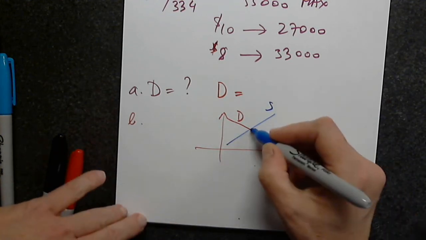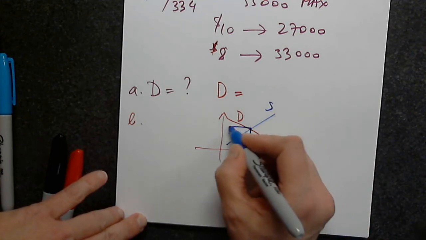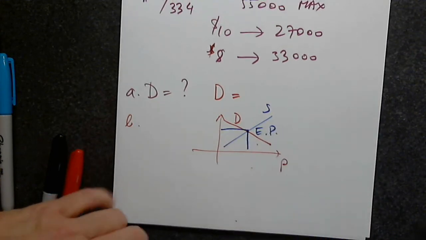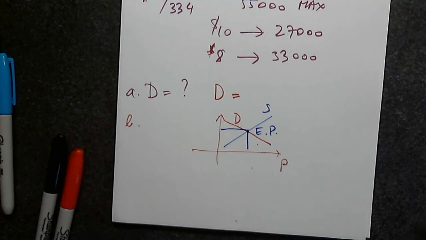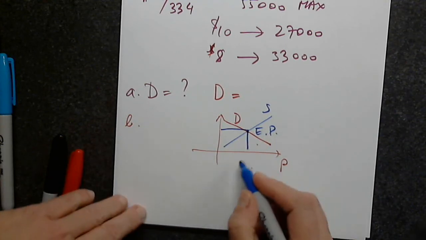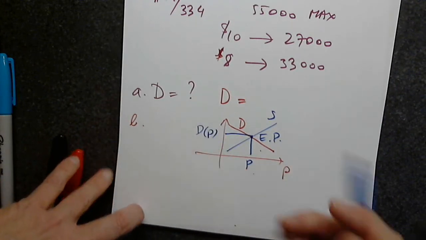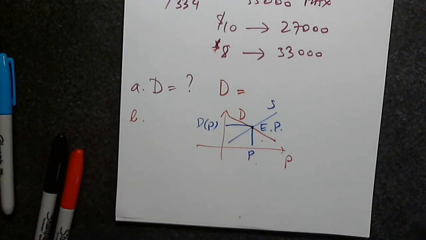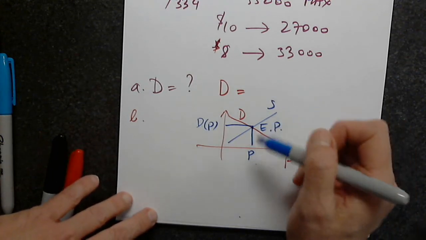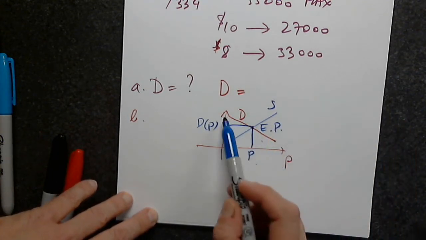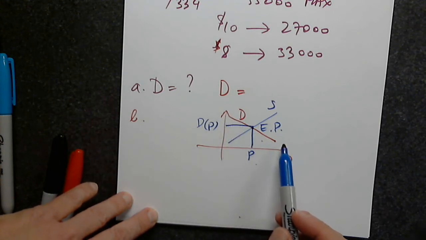And basically, this is the equilibrium point. Equilibrium point. Right? Where everybody's happy. We're happy with the price, and they're happy to sell. So D of P. So the demand function depends on price, and it has a negative slope.